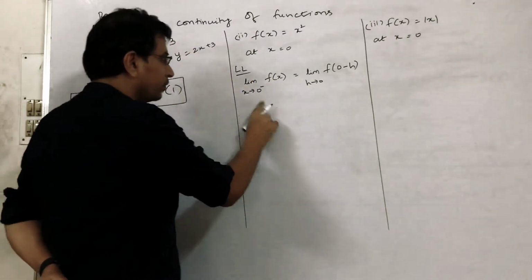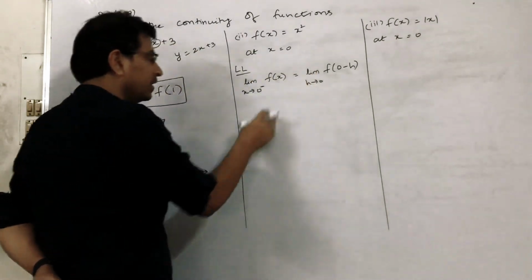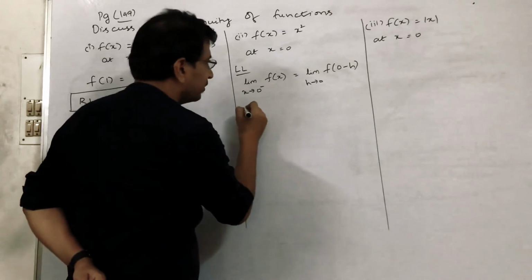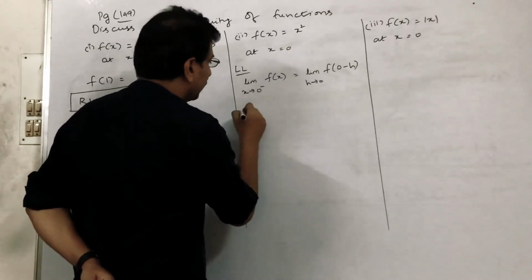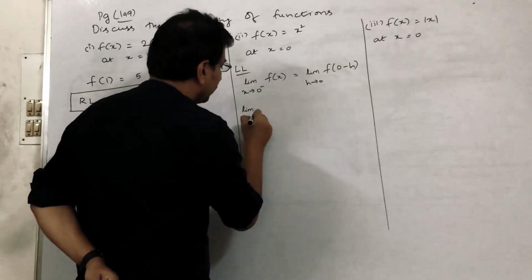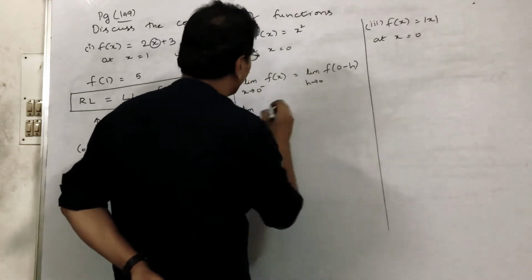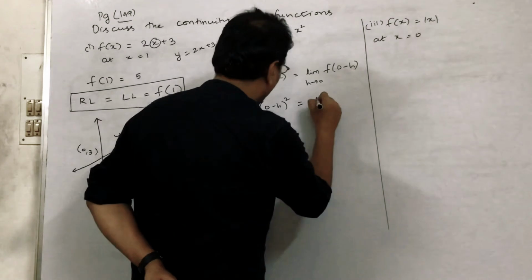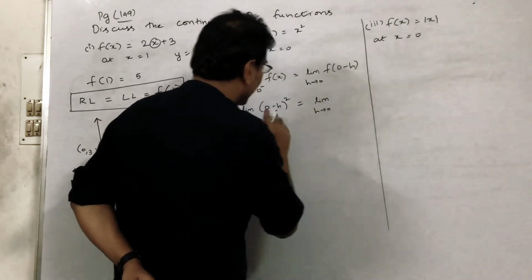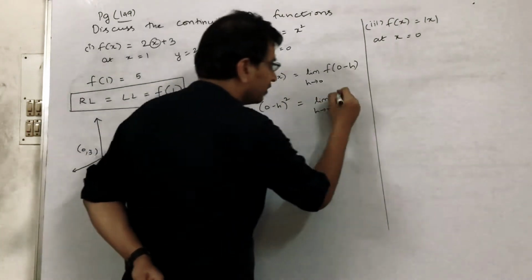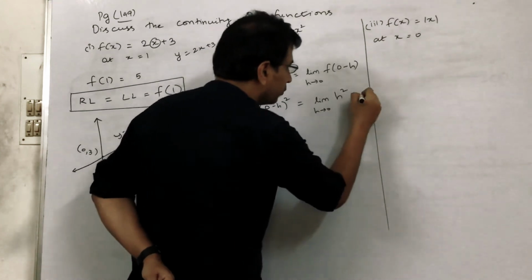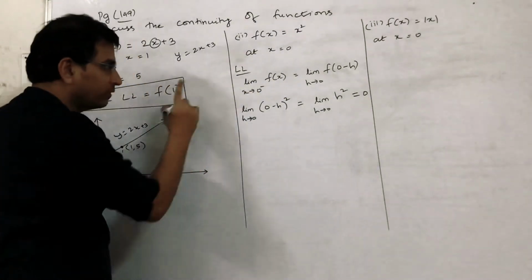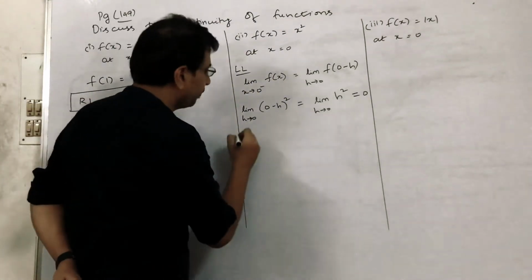When x is equal to 0 minus, we replace it with 0 minus h, another variable h. So f of 0 minus h is 0 minus h the whole square, which is h square. So limit h tends to 0, h square is 0. So the left limit of this function is 0.